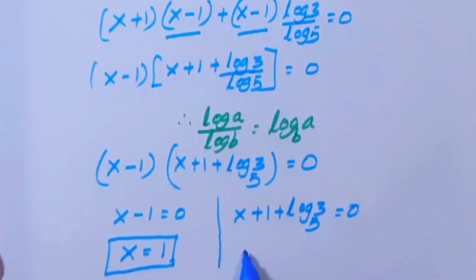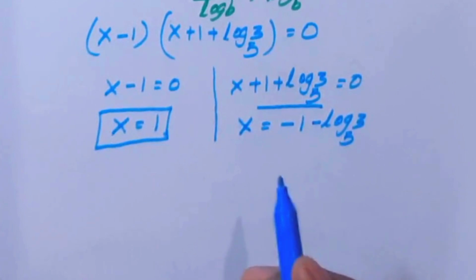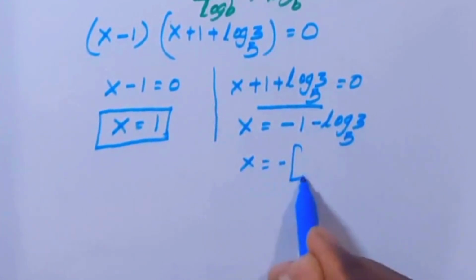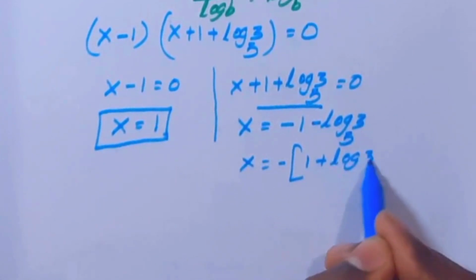In this equation, moving to the right hand side, x equals minus 1 minus log 3 base 5. Taking minus out, x equals minus 1 plus log 3 base 5.